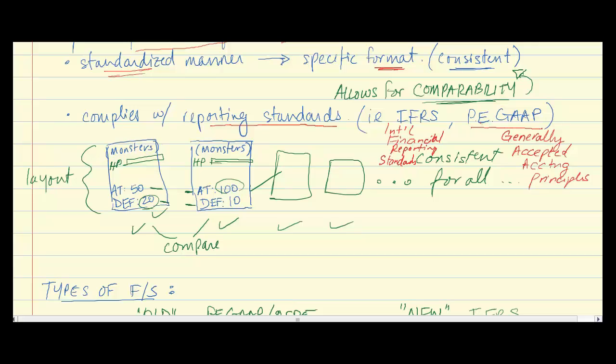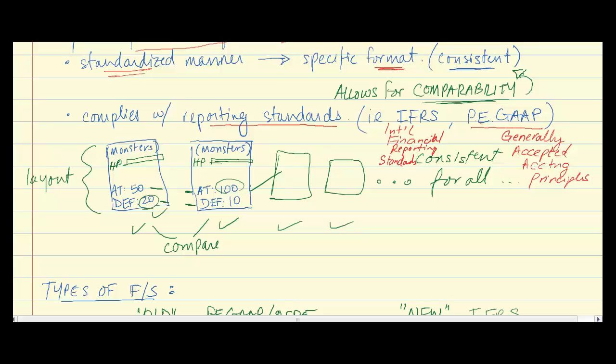Without going into too much detail, what has generally happened is all the public companies are now required to use IFRS. So they have to report in a specific format, which isn't that different at all from PE GAAP. There are certain distinctions that can be made, but overall, public companies must report using IFRS.